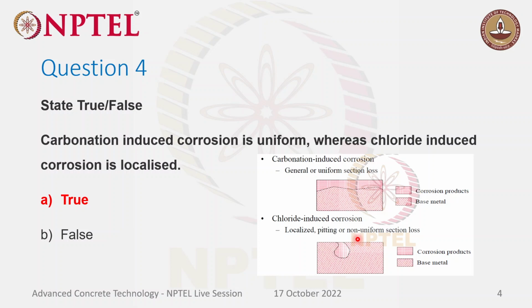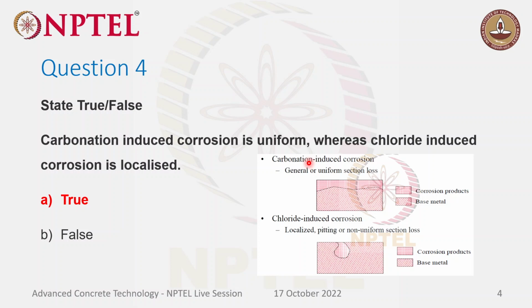Carbonation induced corrosion means the pH of the concrete reduces to less than 9 or 9.5. When it reduces below 9, the passive layer formed over the steel surface is not stable at lower pHs. Then overall the steel rebar corrodes.